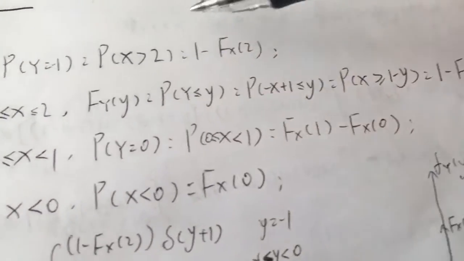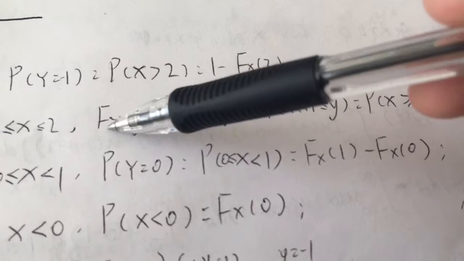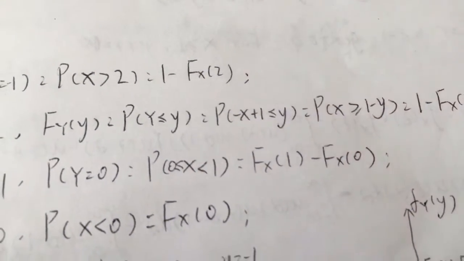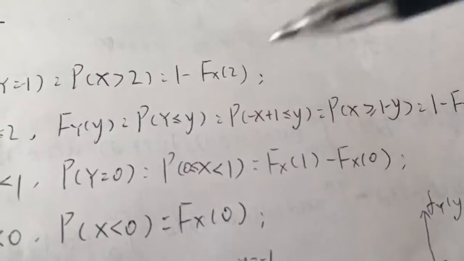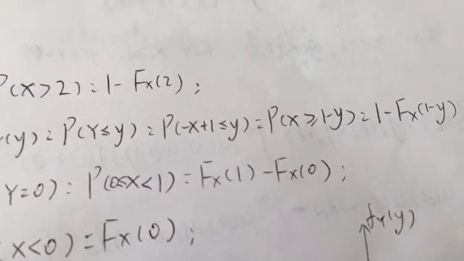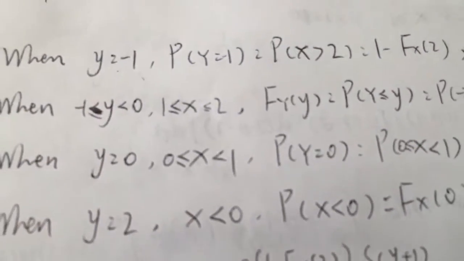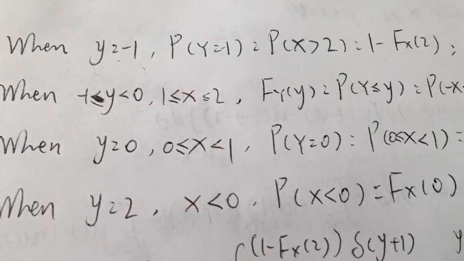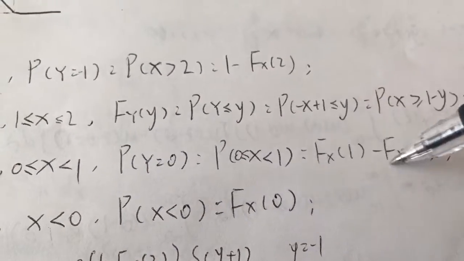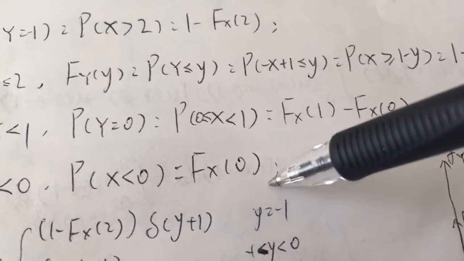So it's just the equation like before, and we got this. Okay, now in the next case, y equals 0, and we use the same way to get this, and also when y equals 2, we got this.